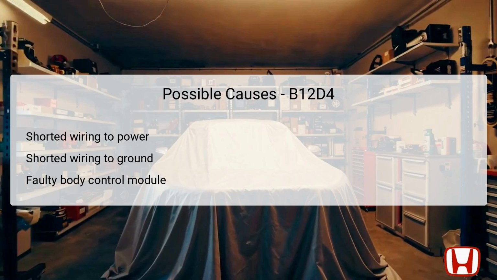Another potential issue is a shorted wire to ground, indicating that there's an unwanted connection to the ground reference that could disrupt electrical signaling. Additionally, a faulty body control module may result in incorrect readings or commands, preventing proper communication with the PCM. Each of these issues must be thoroughly evaluated during the diagnostic process to ensure a comprehensive understanding of the problem at hand.